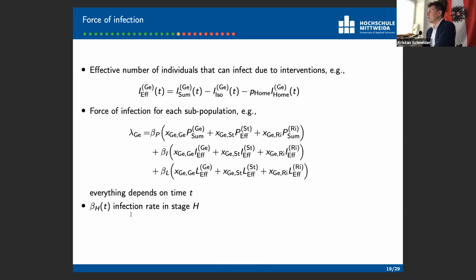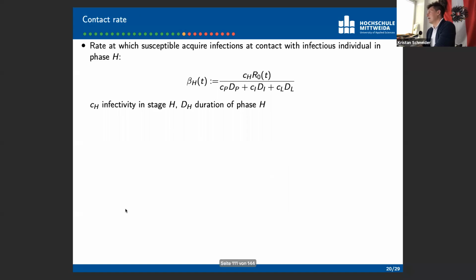Okay, and so these betas are the infection rates in the different stages, and let's see how they are done. Essentially, they are the base reproductive number R0 that you hear a lot about lately, multiplied by the probability that at a contact the disease is spread.